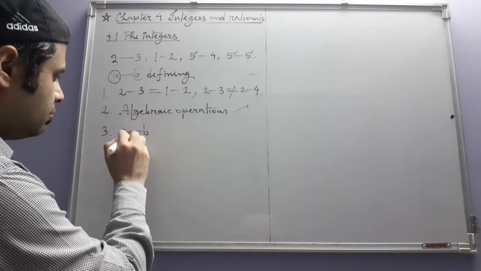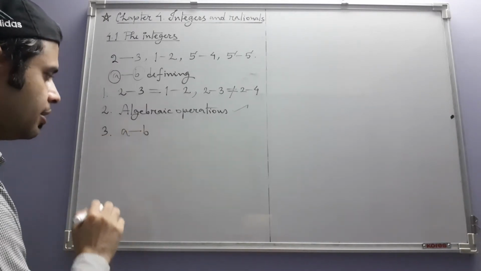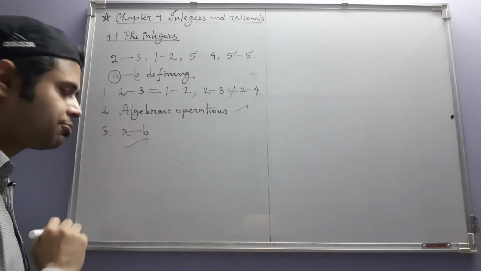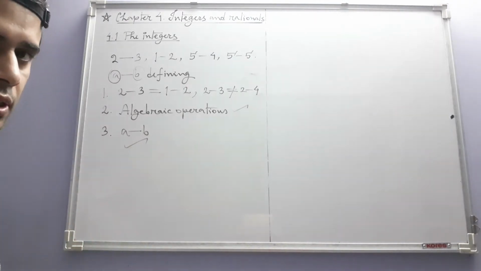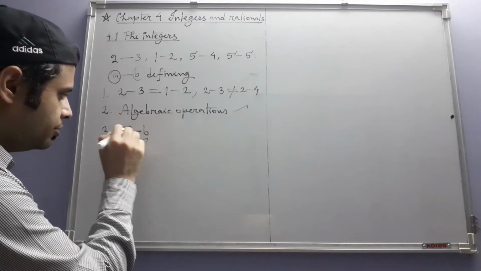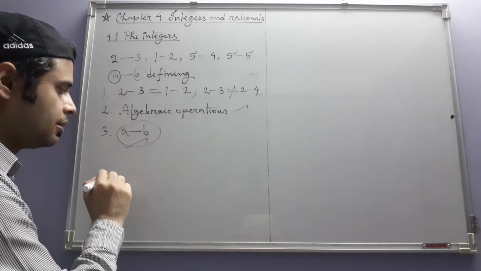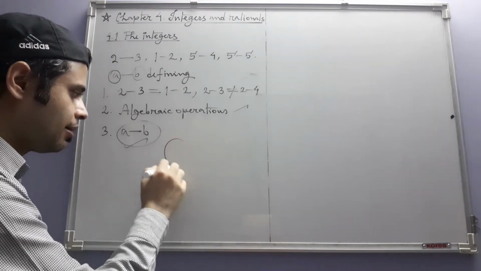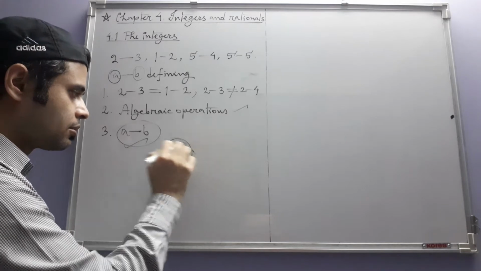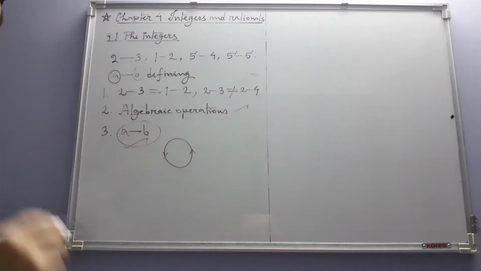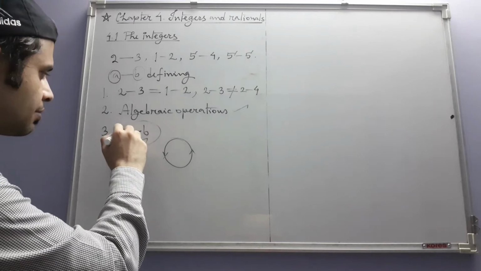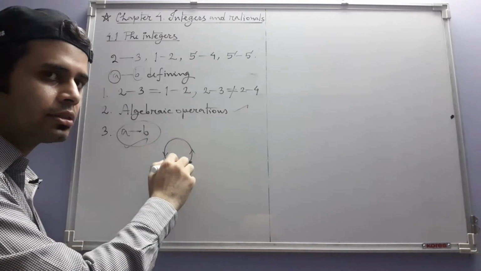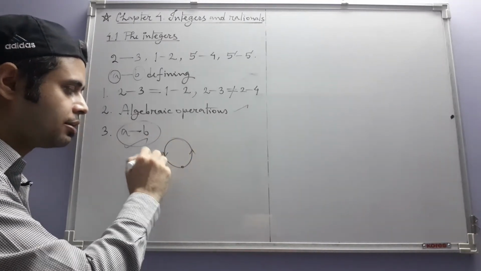Now we have said that the operation of subtraction can be adequately defined only after we have defined the system of integers, or at least the set of integers. So if we are using subtraction to define integers and then on that set we are again defining subtraction, then we are trapped in a circularity where we use something to construct something and then use that constructed thing to define what we started with.